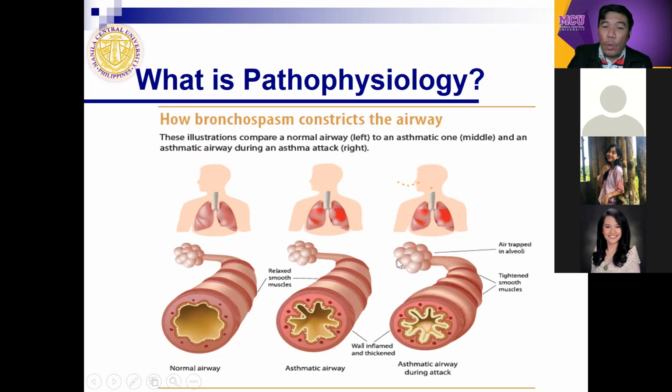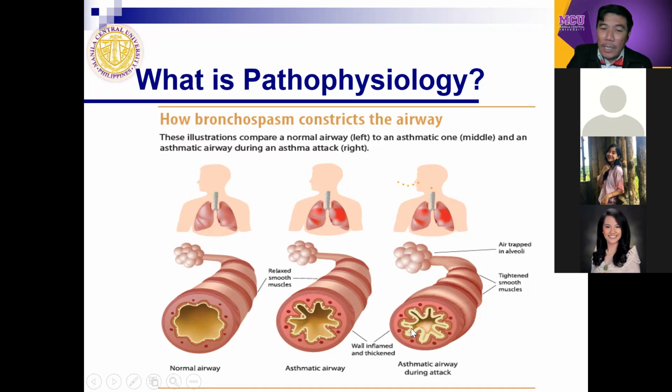But for those who have asthma, anything may trigger the inflammatory process, and that is histamine 1. Histamine 1 is what is triggered, and this may cause constriction and an inflammatory process of the airway passages. So when it is inflamed, it becomes thickened.